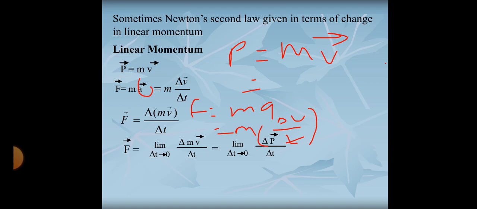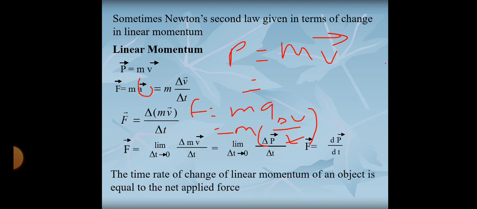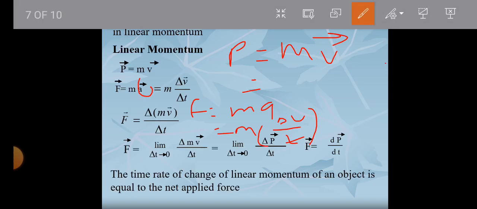Over time. Now, the time rate of change of linear momentum of the object is equal to the net applied force. Because I say that force is equal to mass times acceleration, and acceleration is change in velocity over t.